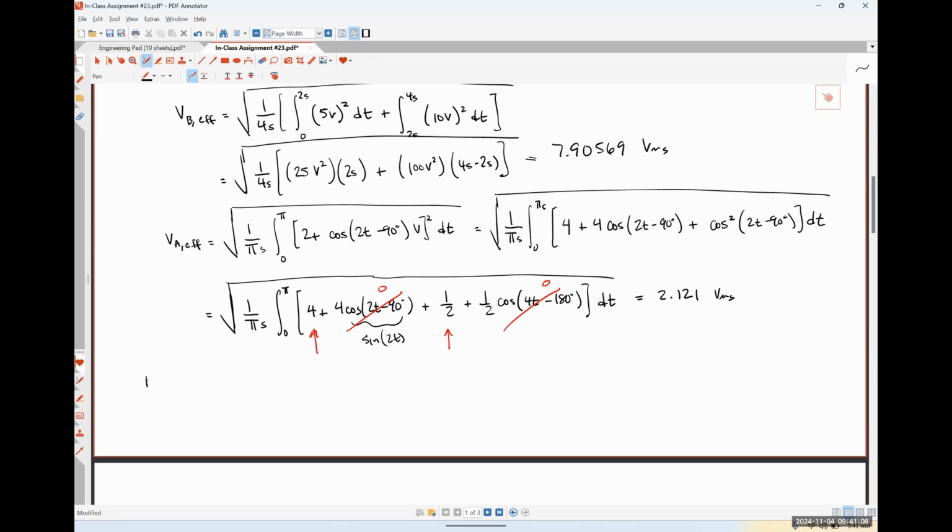Let's say that I have v of t equal to Vm1 cosine omega 1 t plus theta v1, plus Vm2 cosine omega 2 t plus theta v2, all the way out to Vmn cosine omega n t plus theta vn, plus VDC.